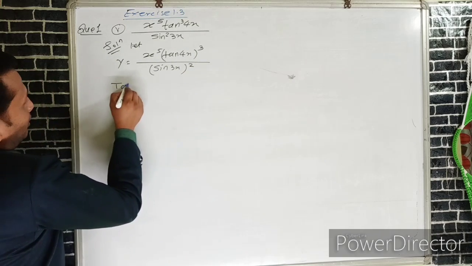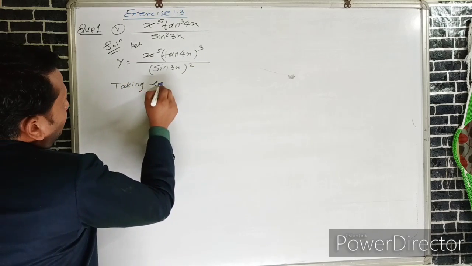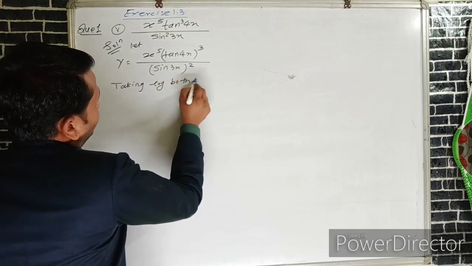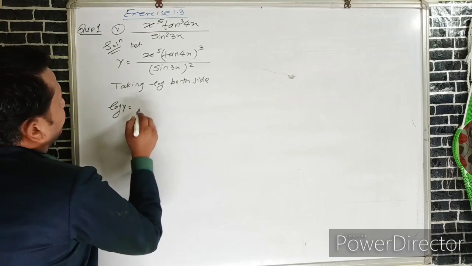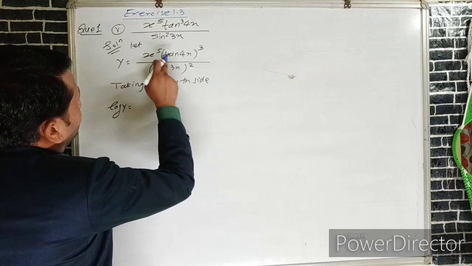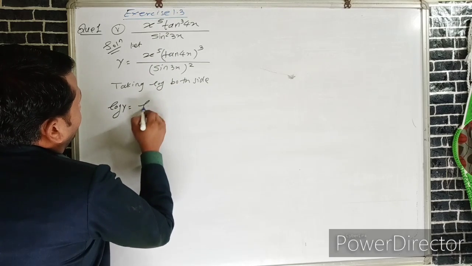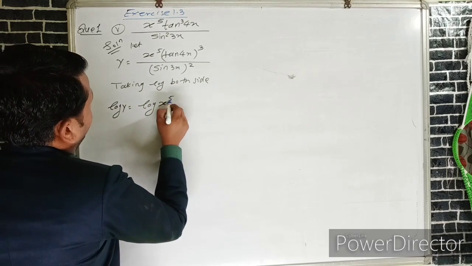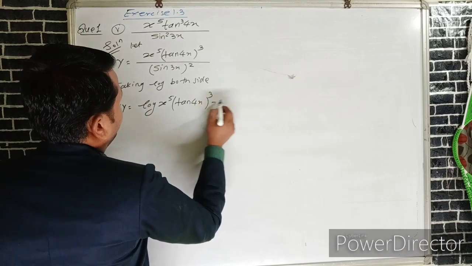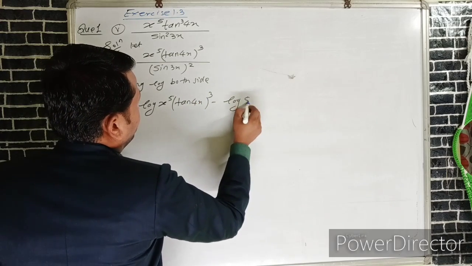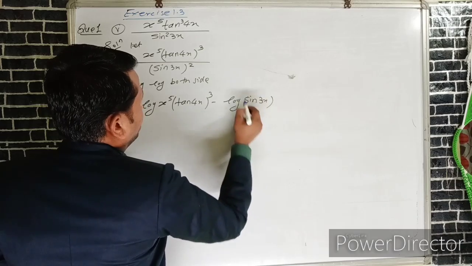If we take log both sides, we can write log of y equals log of x raised to the power 5 tan of 4x whole bracket cube minus log of sin 3x whole bracket square.